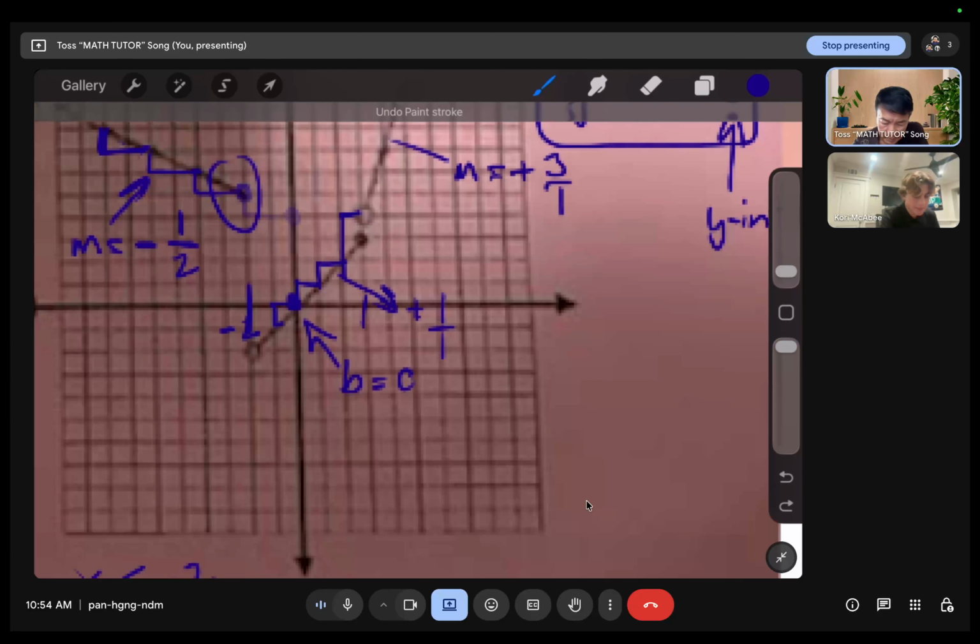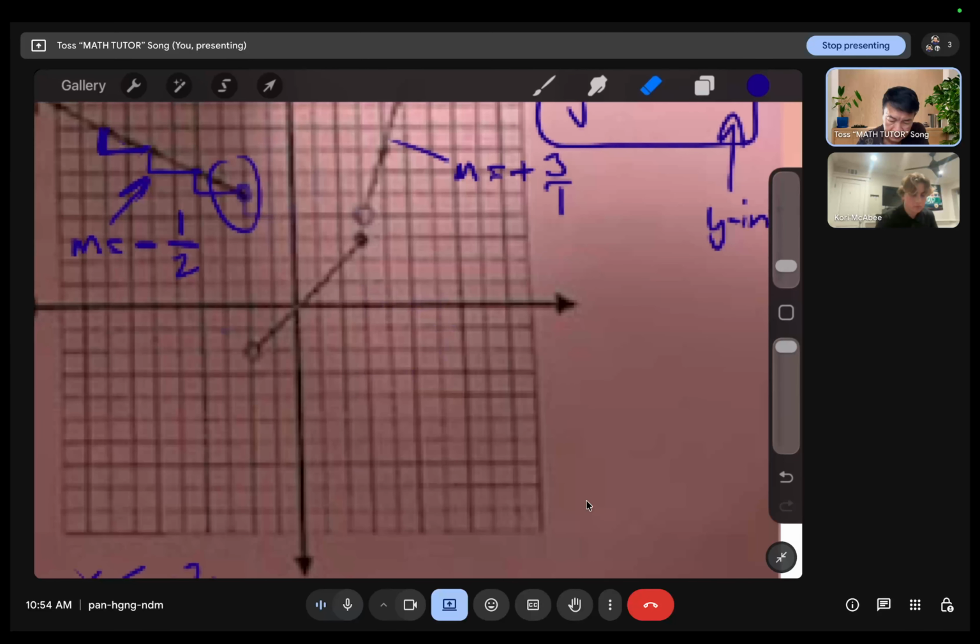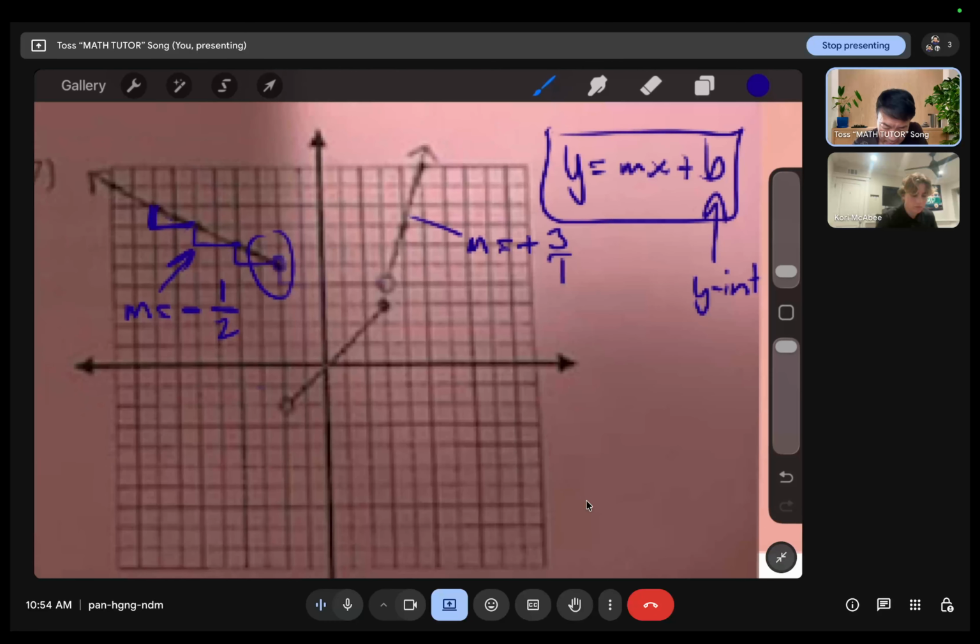Oh, I have to erase some of this now. I'm going to erase this to get my beneath for the last one. So let's do it again here. Over 3, over 1, and then run down 3, 1, down 3.